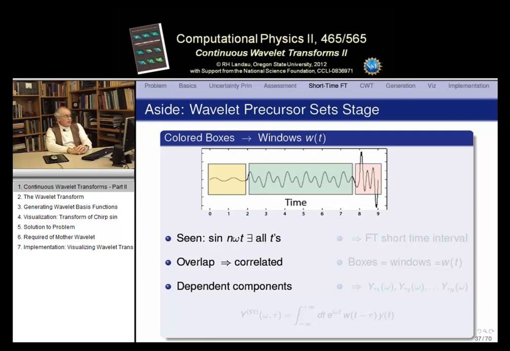One of the precursors of wavelet transformations, one of the ways people got away from the shortcomings of Fourier analysis, is known as the short-time Fourier transform. So you do a Fourier transform in a short time interval. So these colored boxes, which were there previously just to help you visualize the problem, now have some meaning. And what it means is, okay, if this was our signal, then we would do one Fourier transform in the yellow box. Then when the signal changes, we would do another Fourier transform for a short time, covering the green box.